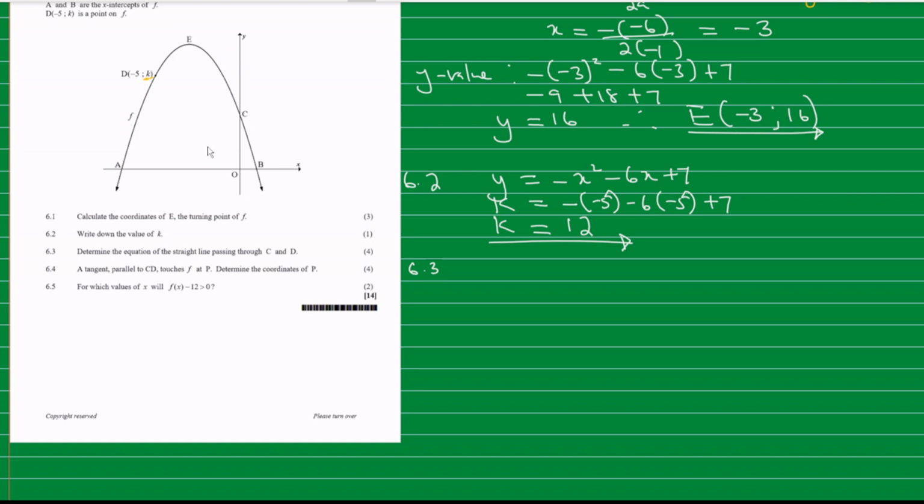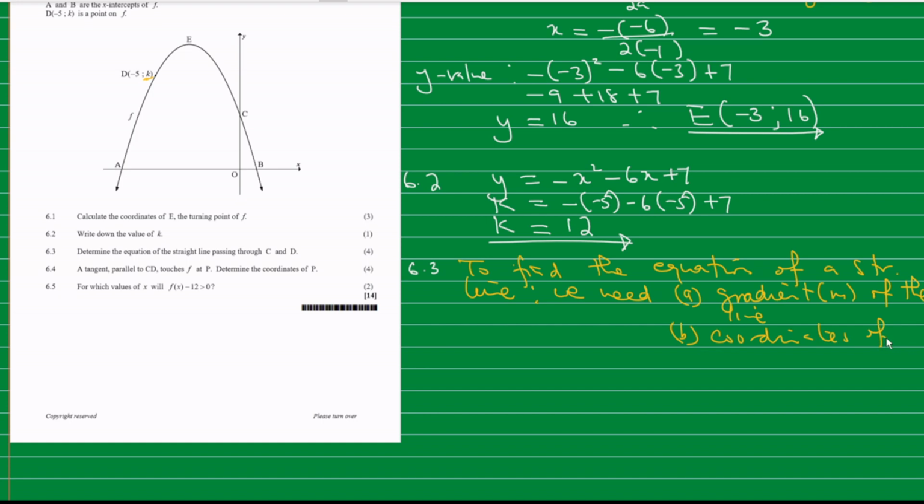We know that to find the equation of a straight line, we need two things: A, the gradient, which is m of the line, and B, the coordinates of at least one point that we find on the line.